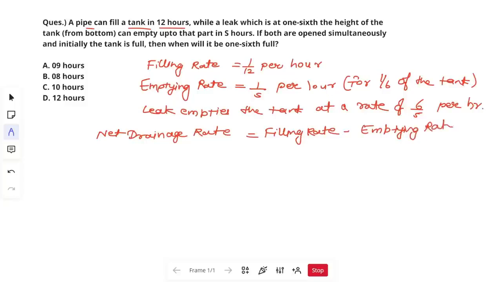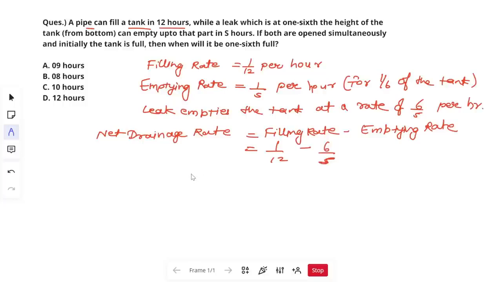So filling rate we have already found, 1/12. Emptying rate is 6/S, right? Because we have told 1/S per hour for 1/6 of the tank. So leak empties the tank at a rate of 6/S per hour. So that is why 6/S. This is S. Don't get confused.